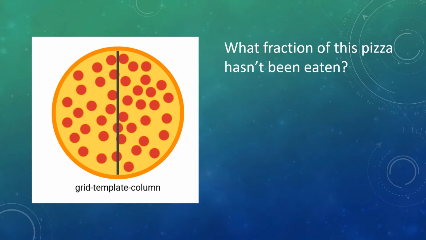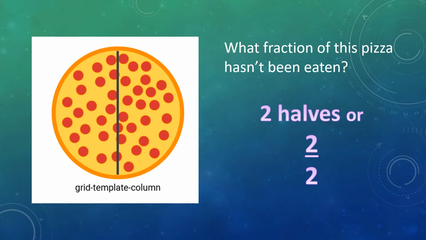We can see that this pizza has been divided into 2 equal parts. So if 2 parts haven't been eaten and the pizza is divided into 2 parts, doesn't that mean that the fraction is 2/2 or 2 halves? Yeah, that's exactly what the fraction is to explain this pizza.